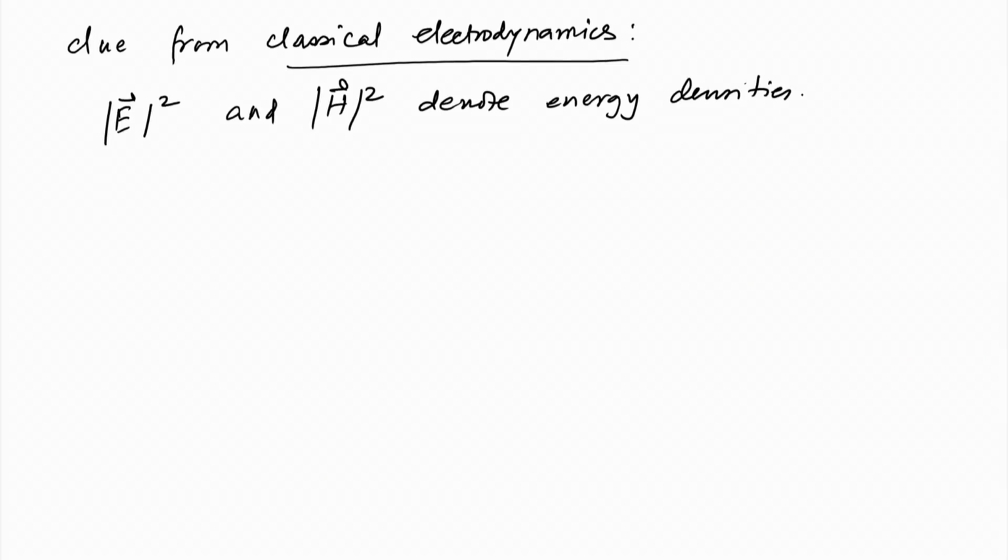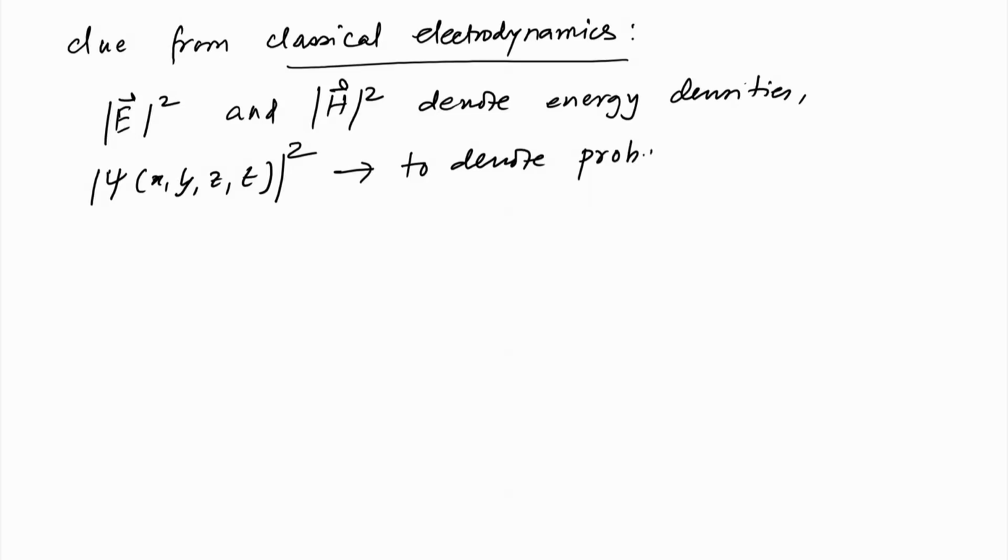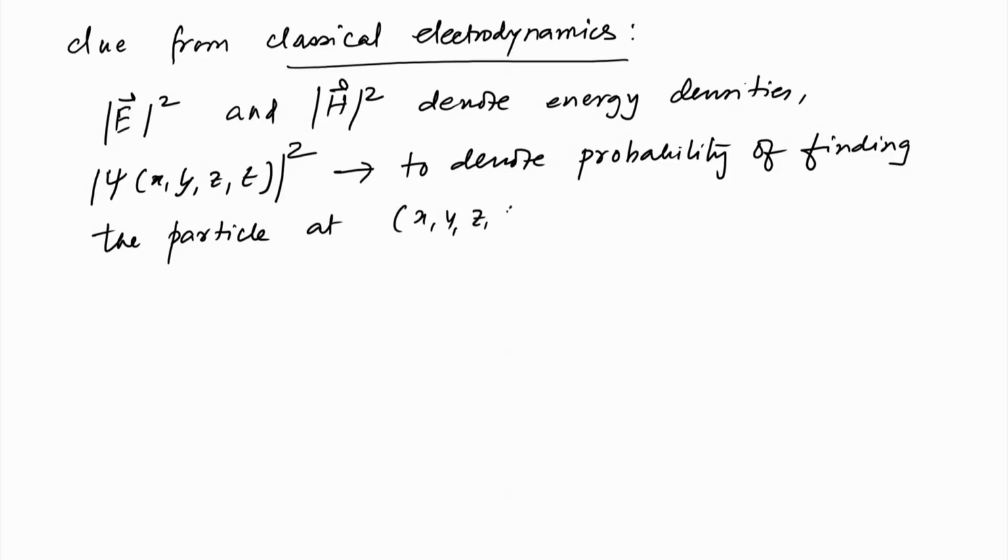So, that way we can write down psi mod square to denote the probability of finding the particle at x, y, z and t.